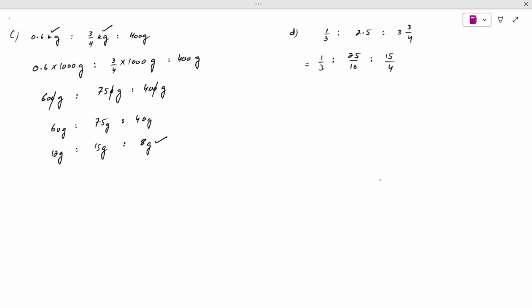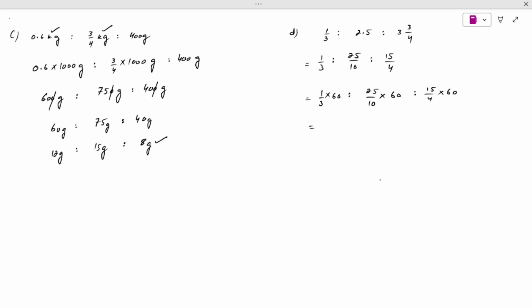15 over 4. And the LCM of 3, 10, and 4 is 60. So let us multiply these terms by 60. So 1 over 3 times 60 ratio 25 over 10 times 60 ratio 15 over 4 times 60.